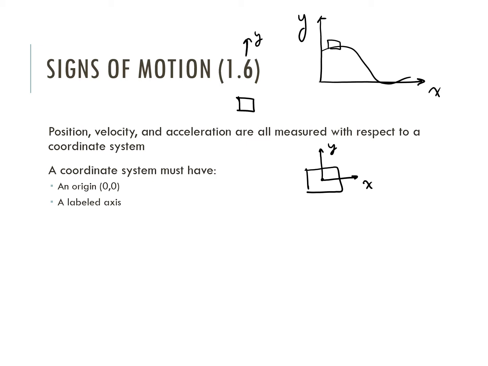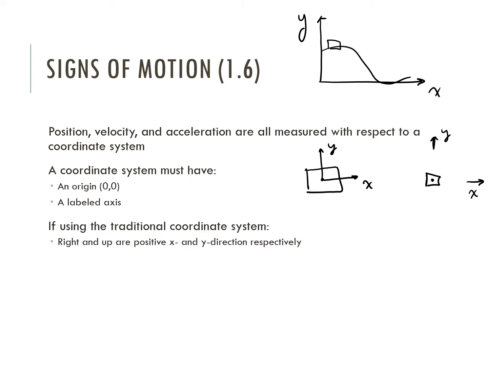Some people like to not have anything near it, so let me draw that somewhere else. So you have the object, they just draw the coordinate system kind of floating away from it, and then they put the point where they want it to be. So any of these different methods can work out. It's going to be your choice, but you are responsible for indicating what your coordinate system is.